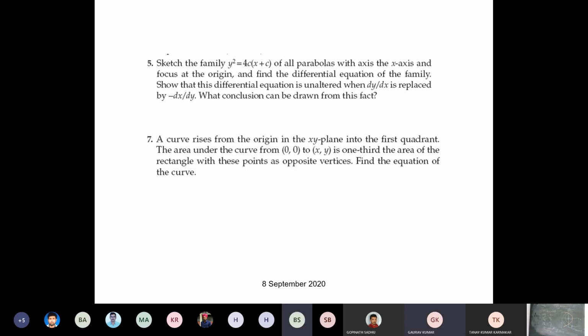Excuse me, sir. Yes. Sir, I have class tomorrow, sir, at 12 to 1. But has that class been rescheduled or what? Sorry, sir. No, which subject do you have? Differential geometry, sir.